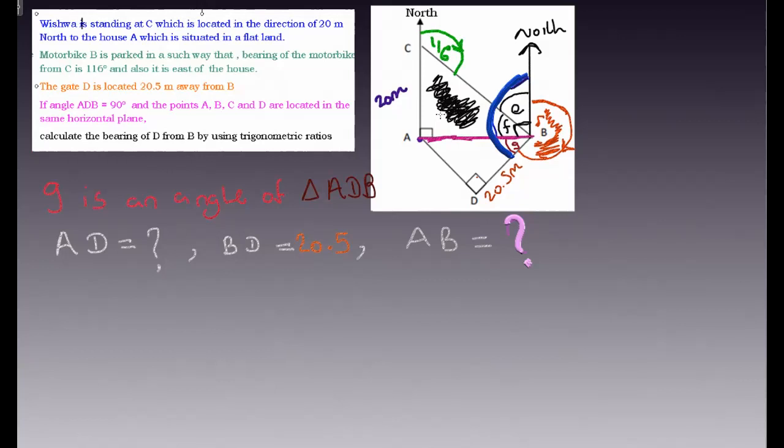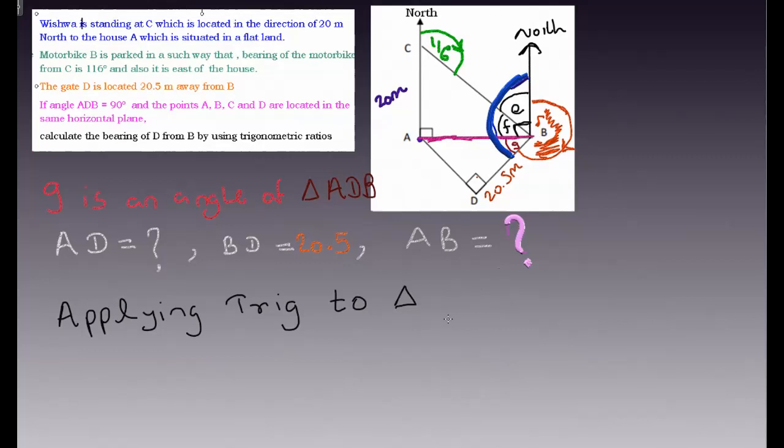Shall we check whether it works? All right, let's see. Let's say applying trigonometric ratios, or applying trig, to triangle ABC, the up triangle, the triangle you see at the top.